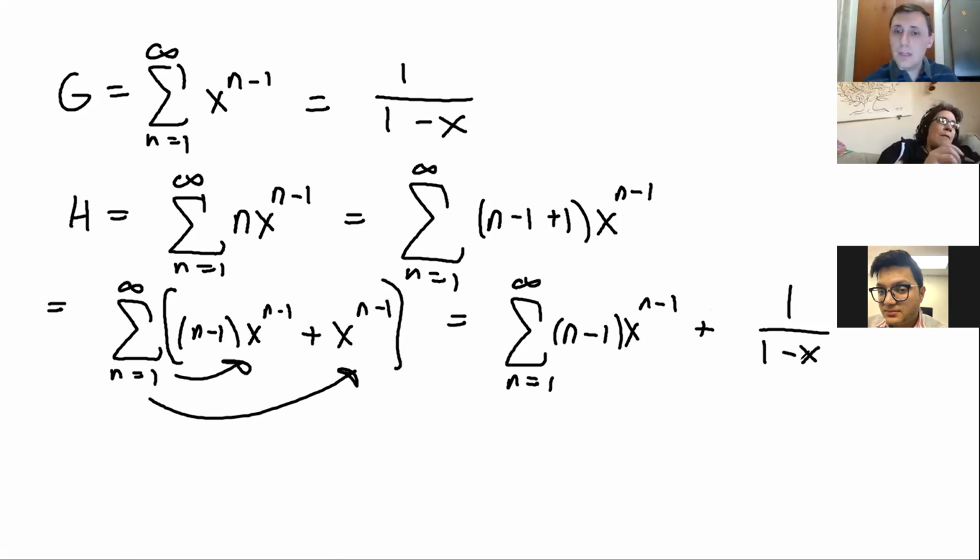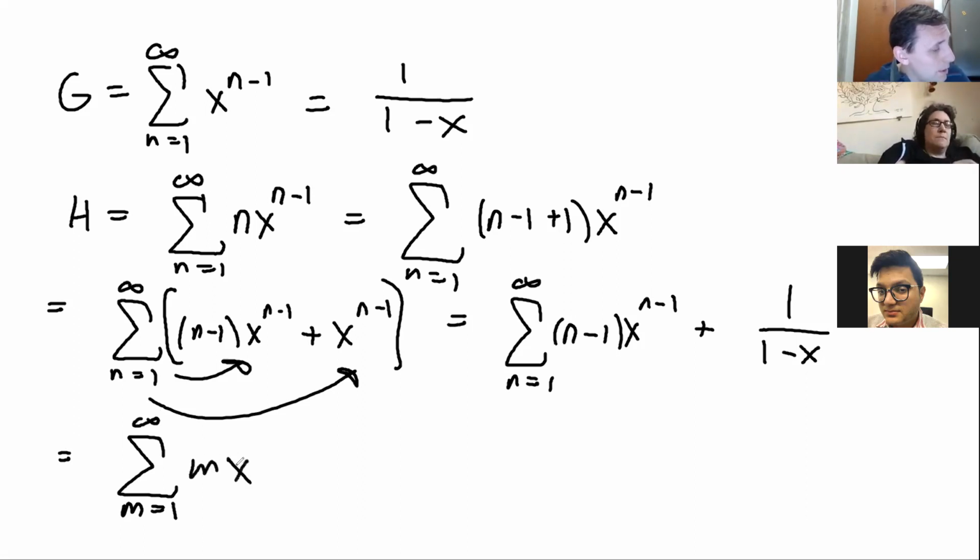Good? And then what is the summation that I have over here? Well, I can just relabel it. I can write it in terms of a different number. I can say m is equal to n minus 1. So it's really where m starts, whether it's at 0 doesn't matter. So I might start m at 1 to infinity of m x to the power of m plus 1 over 1 minus x.